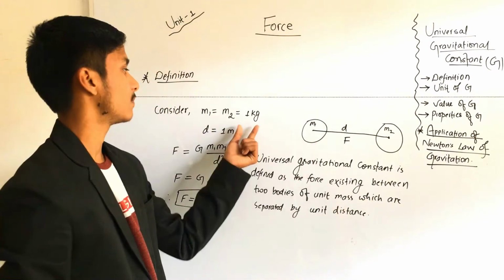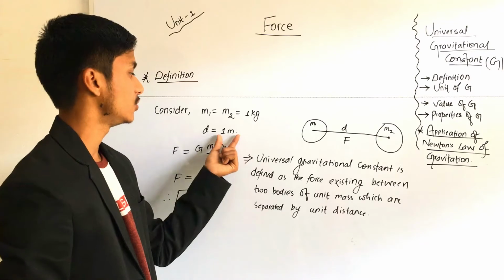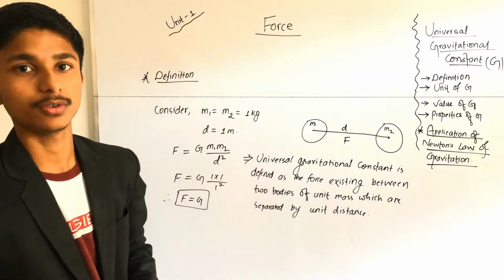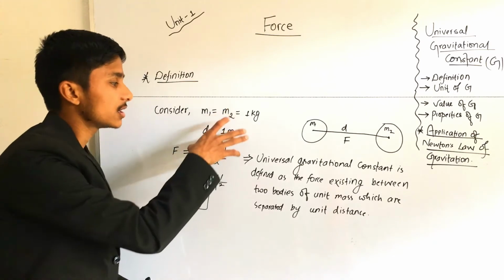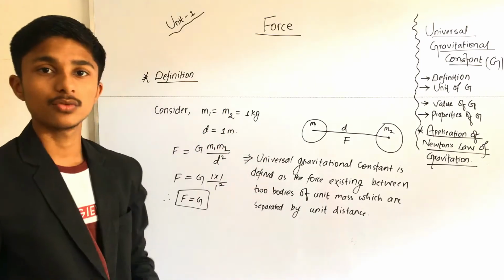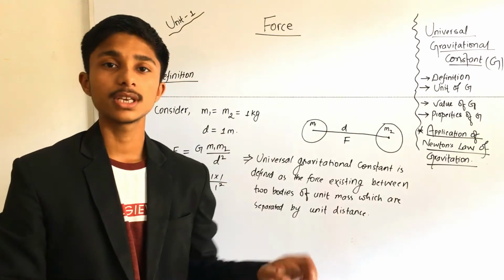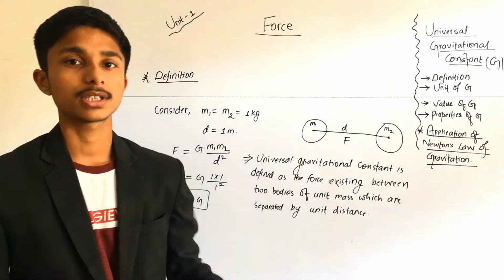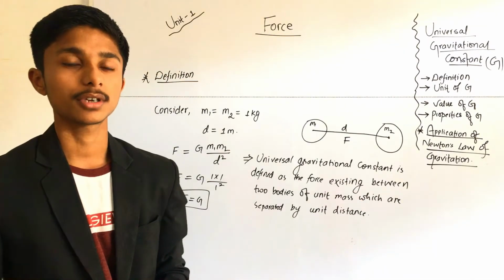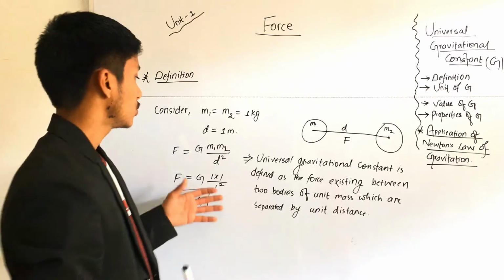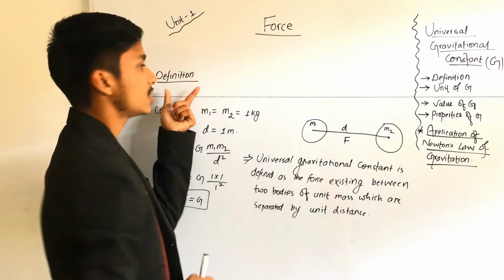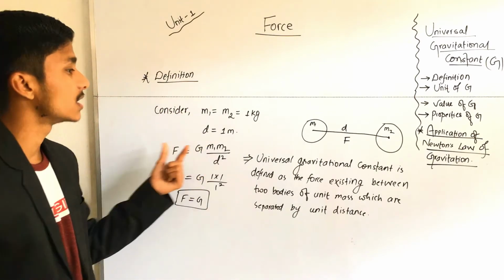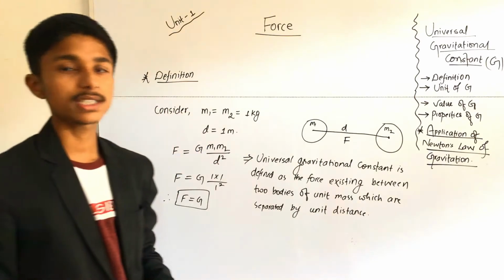Here this body has mass m1, unit mass, and the other unit mass, and they are separated by unit distance 1. This is the only condition when the gravitational force is equal to the universal gravitational constant. Okay, so in this way we have completed the first topic, the definition of G, the universal gravitational constant.